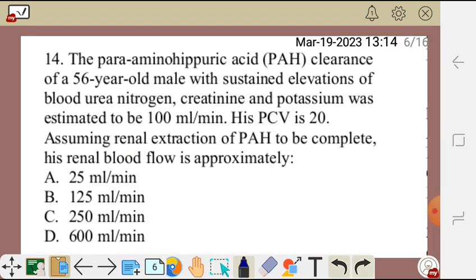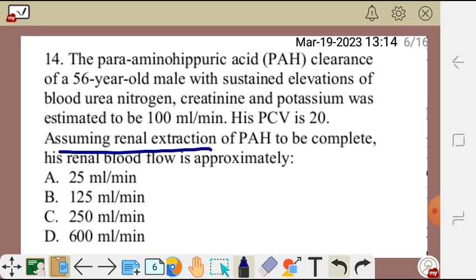We move on to question 14. The para-aminohippuric acid clearance of a 56-year-old male with sustained elevations of blood urea nitrogen, creatinine, and potassium was estimated to be 100 mL per minute. His PCV is 20.